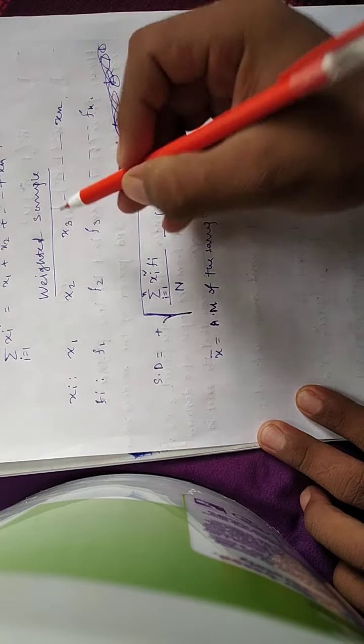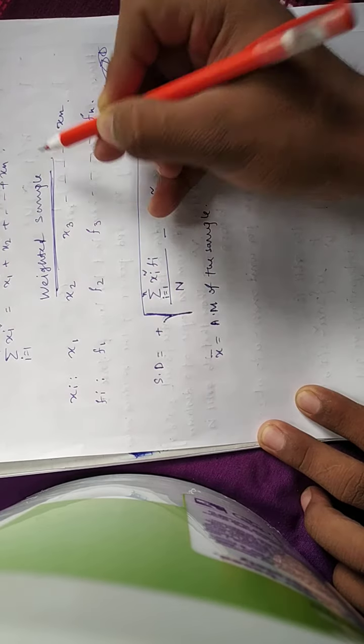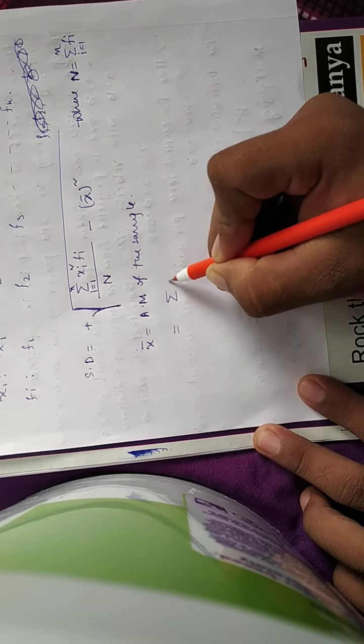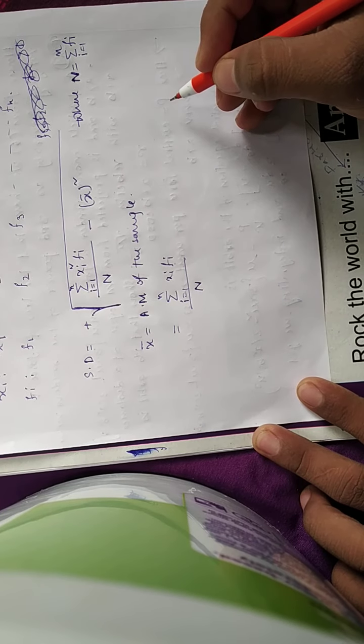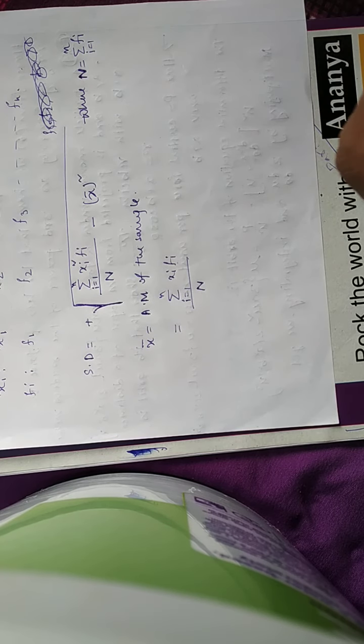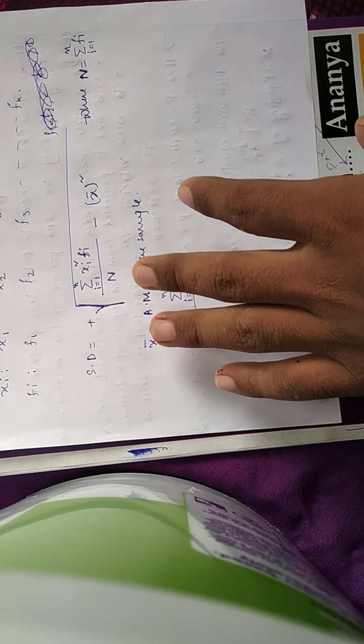Here, as the sample is weighted, x bar is equal to the sum over xi into fi, i equal to 1 to n, by capital N. Okay, that is, to find the standard deviation in case of a weighted sample, we just have to multiply the frequencies with each sample value, and then we need the summation of these terms, and this is the SD of a weighted sample. Okay.